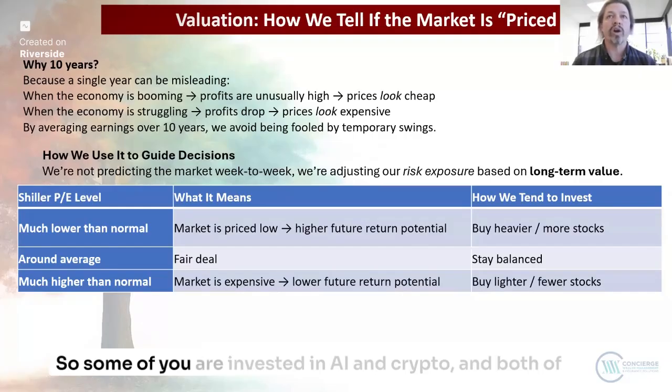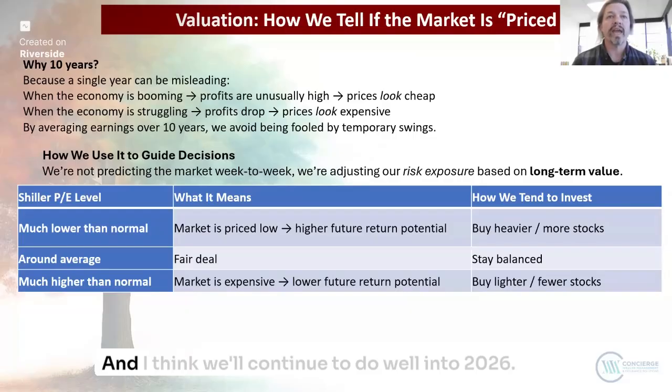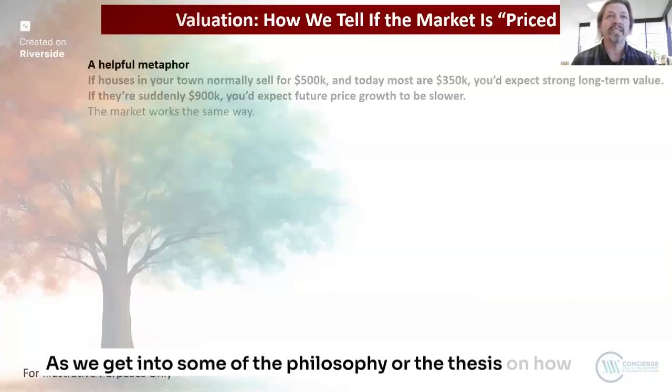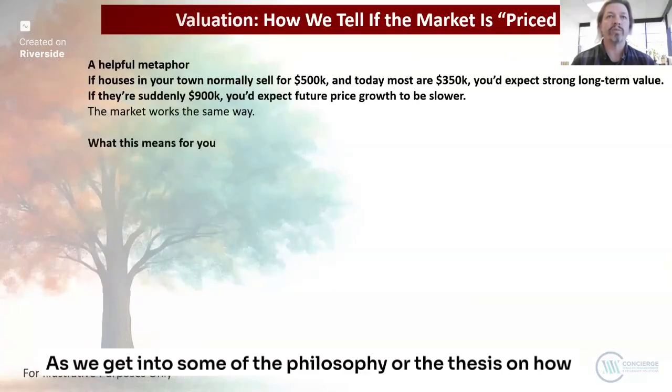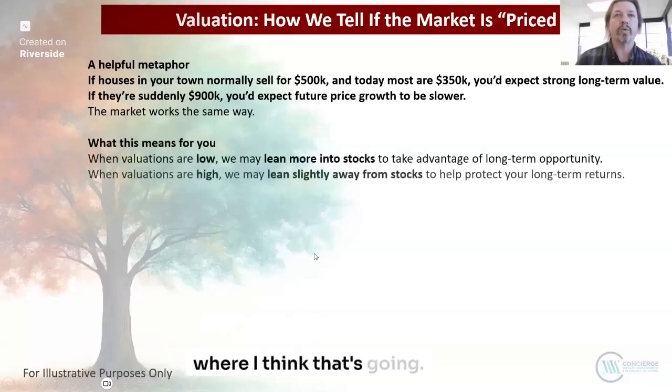Some of you are invested in AI and crypto, and both of those have done well, and I think will continue to do well into 2026. As we get into the thesis on how we're investing, I'll give you a little more detail on where I think that's going.